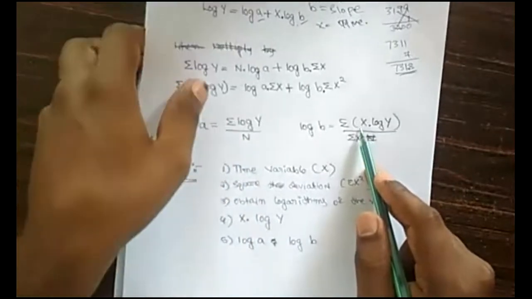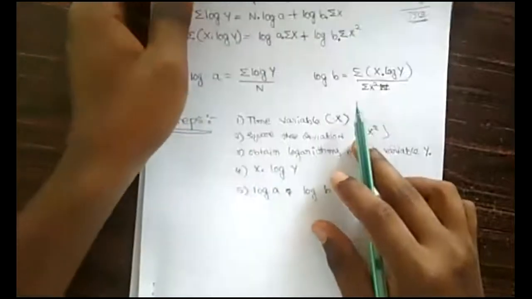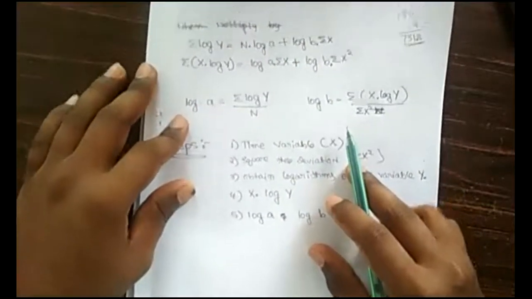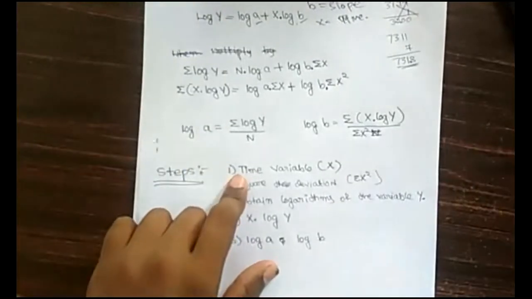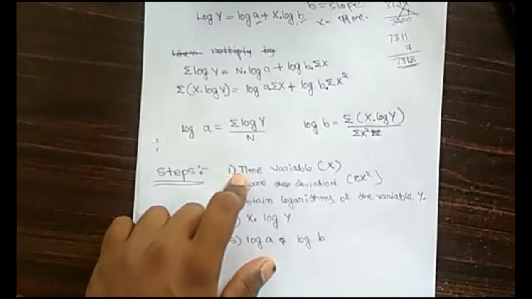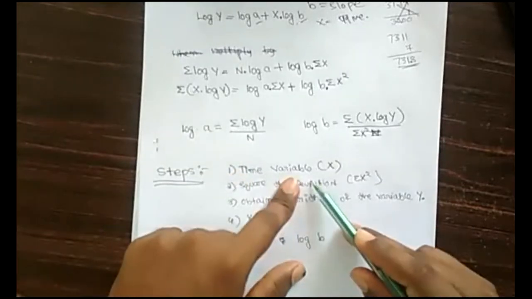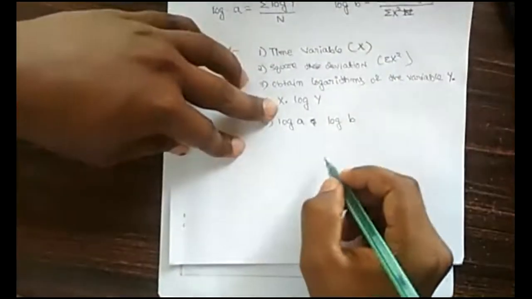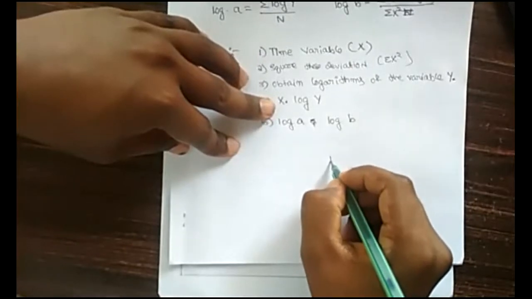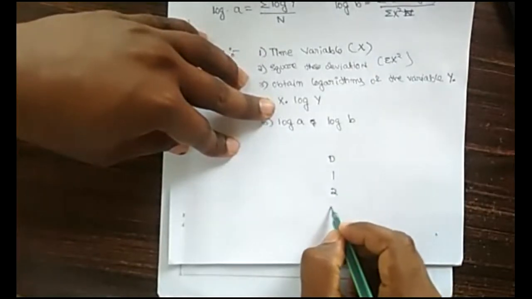So what are the steps you need to follow under the logarithm technique to find trend values? The same steps as in the case of the least square method. The first thing you have to find is the time variable, which is the value of x. If you take the first year as the origin year, then 0, 1, 2, 3, 4 like that if it is 5 years.